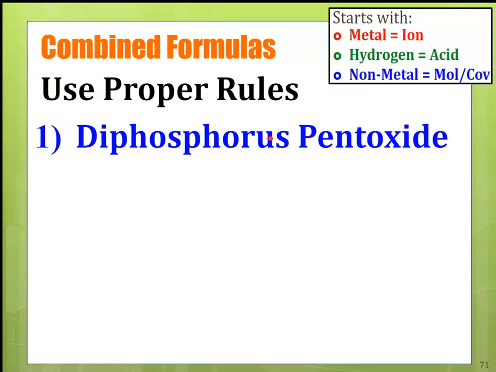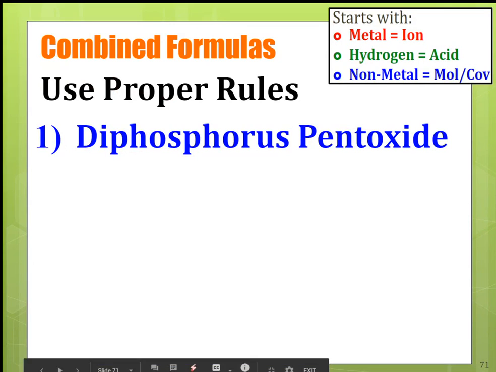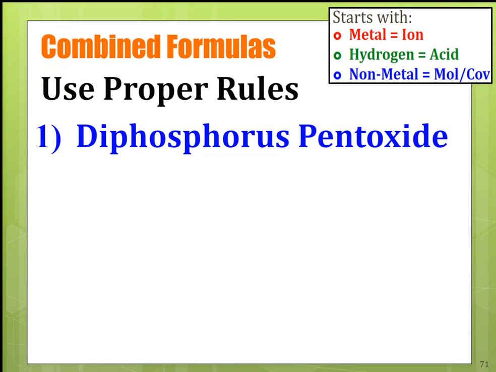Now, if I have diphosphorus pentoxide, what we're going to be looking for here is the fact that we have di's and pent's. If you see di's and pent's, you are totally dealing with a molecular covalent. So naming it is fairly easy. You just put the letter of the symbol that you have.